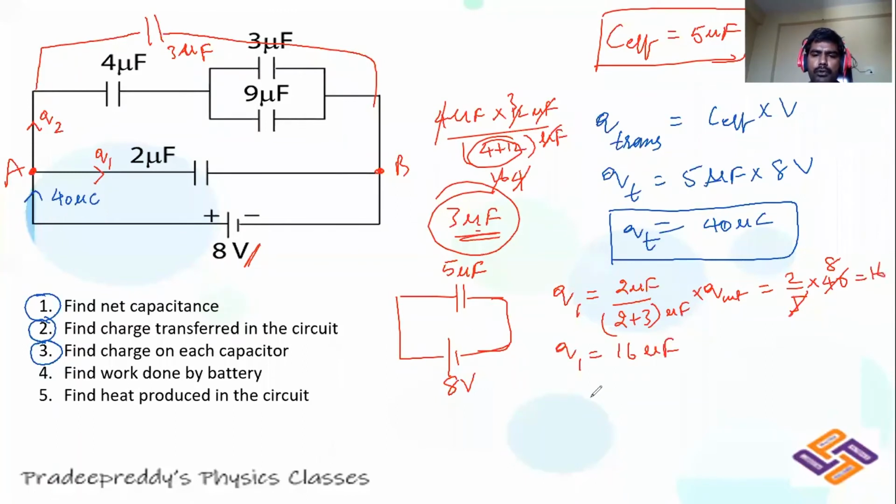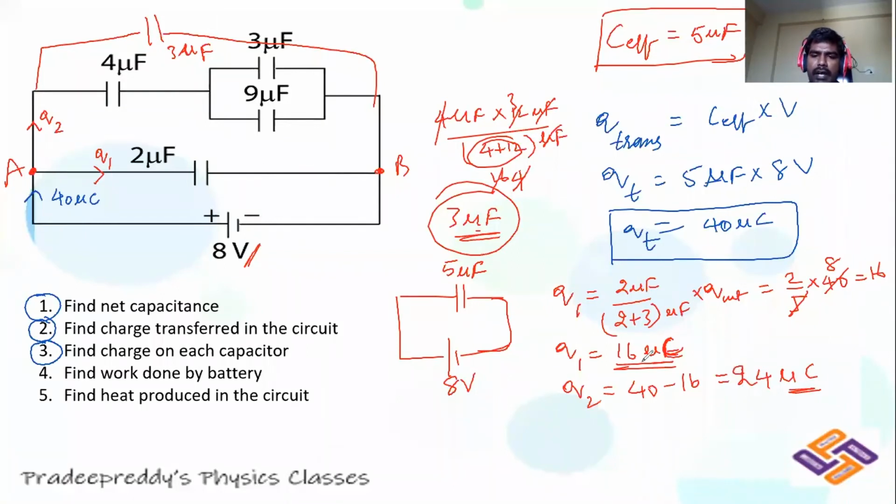And what about Q2? Q2 will be equal to 40 minus 16, which is equal to 24 microcoulomb. Q1 and Q2 values I have calculated, right? Q1 is 16 microcoulomb and Q2 is 24.